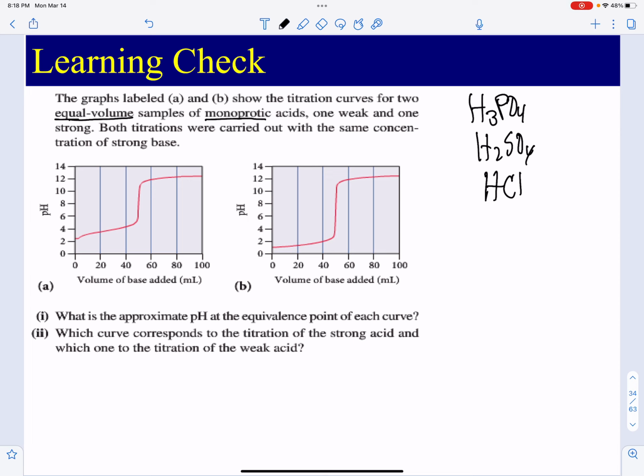One of them is a titration of a weak acid. The other one is a strong acid. And the same base and the same concentration was used to titrate it. First question, what is the approximate pH at the equivalence points of each curve?